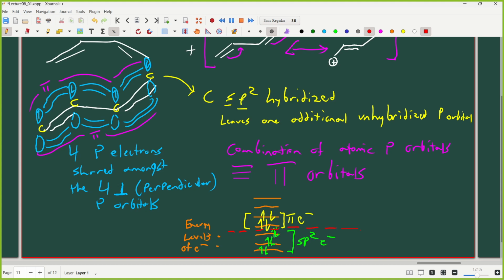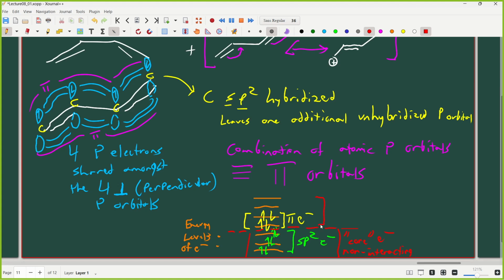The sp2 electrons are their own little block by themselves. They're what we call core electrons, non-interacting, so we can basically ignore them. They're like a background. We're going to ignore all those deep electrons and only look at the pi system.